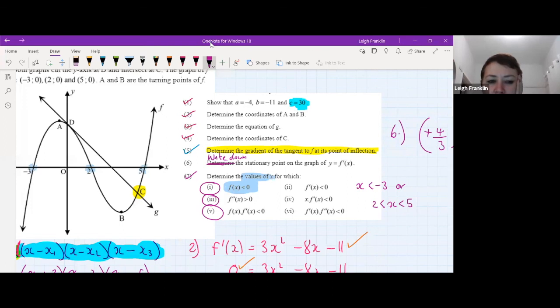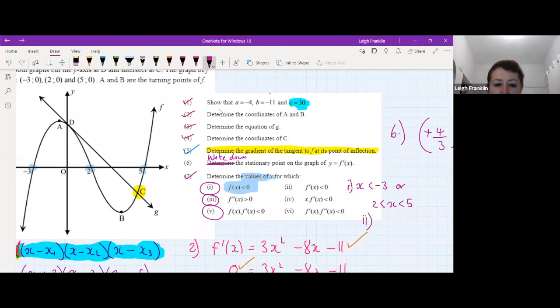Good job. Well done, guys. Yes, where it is negative. Does that answer make sense? Okay, so smaller than -3 or between 2 and 5. So that is the answer for number 1.